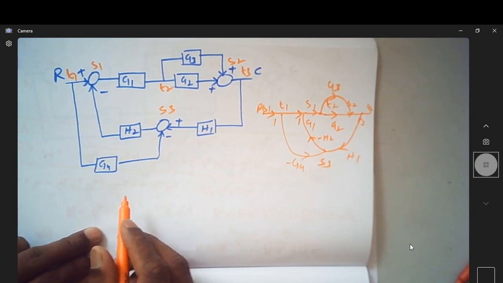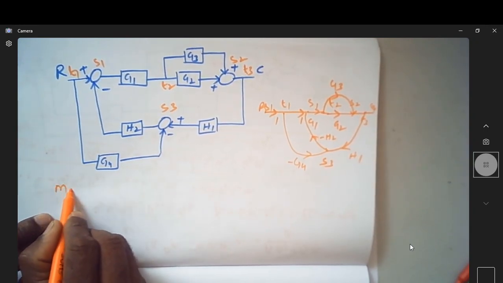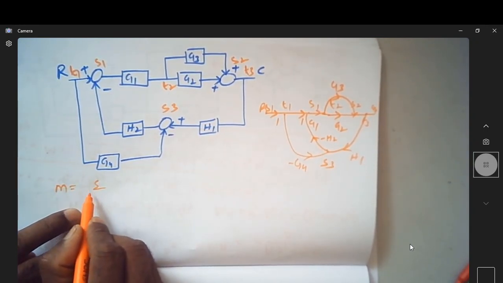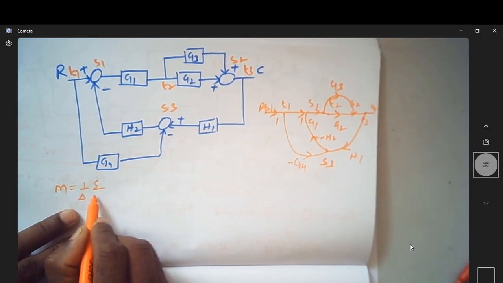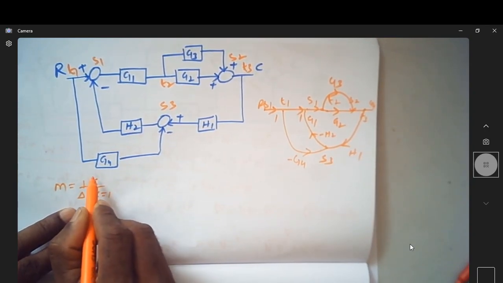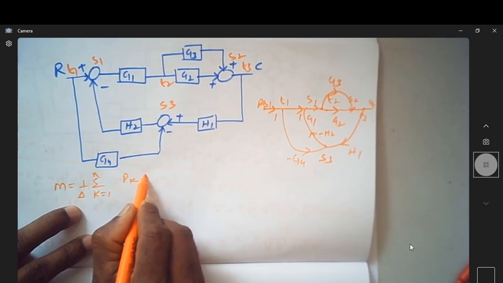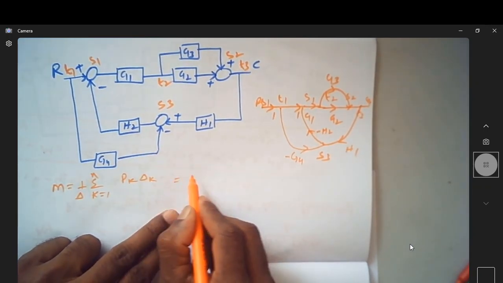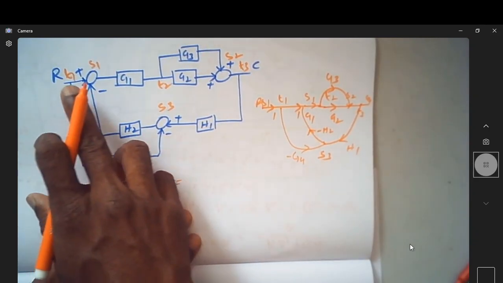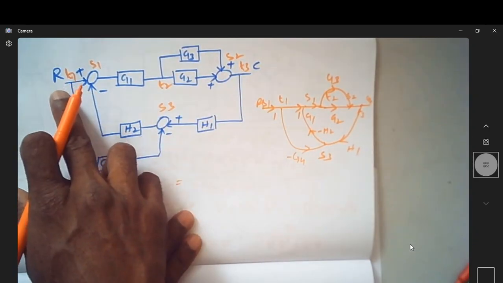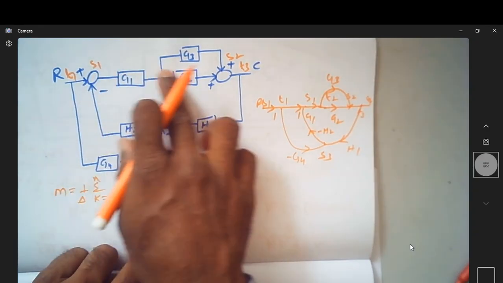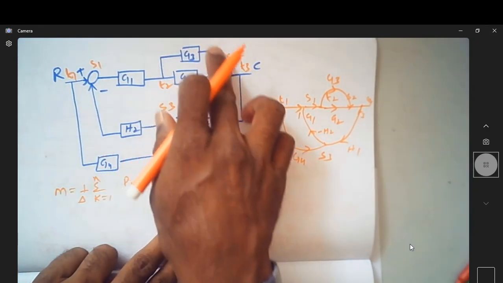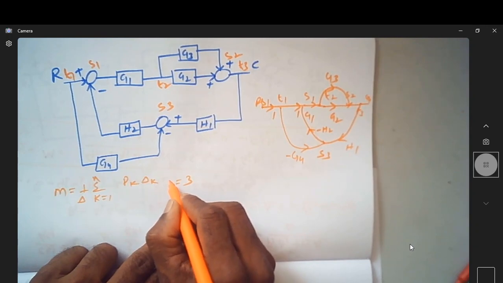Now again, Mason's gain rule: summation of 1 over delta, summation of k equal to 1 to n, Pk delta k. How many forward paths? If you can see here, this is the first forward path, this is the second, and this is the third. N is actually 3.